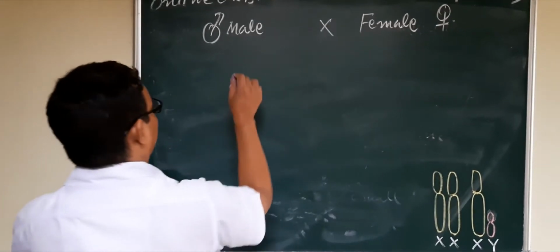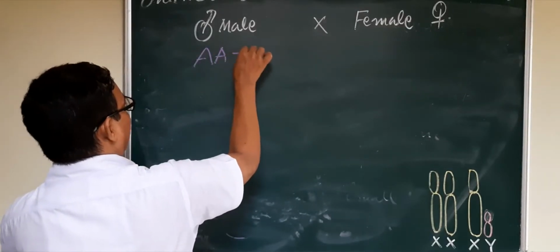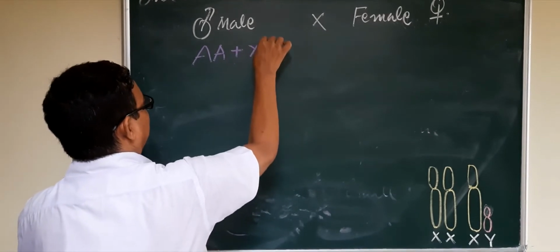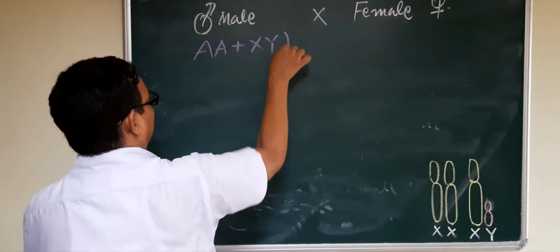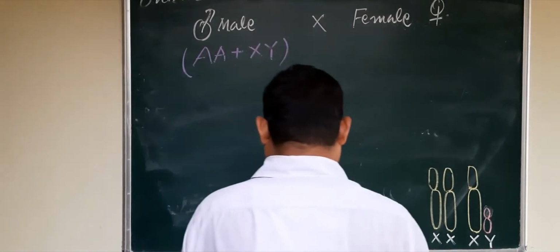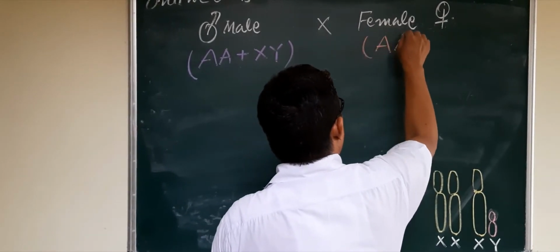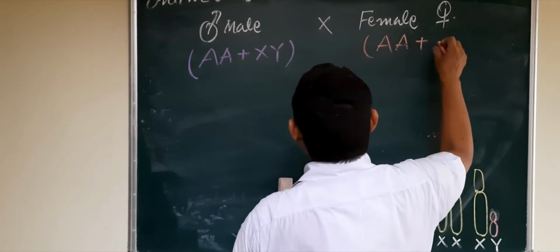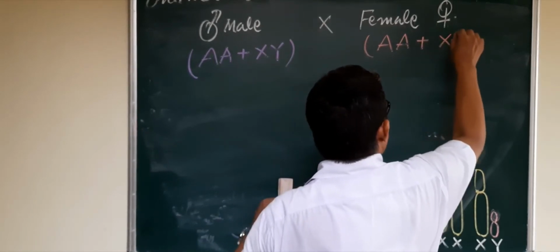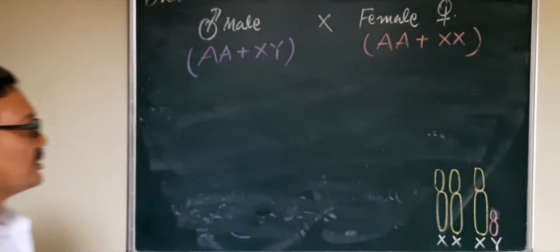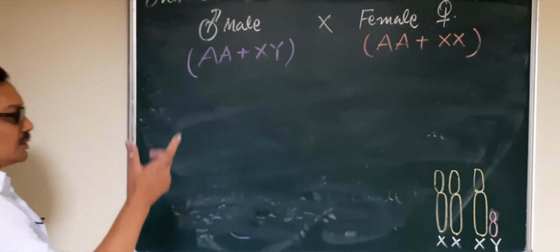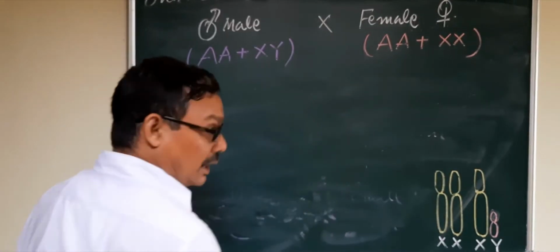There is the presence of autosomes plus XY. This is the male. In the female, again there is the presence of autosomes plus XX. Autosomes and sex chromosomes, which are also known as allosomes.